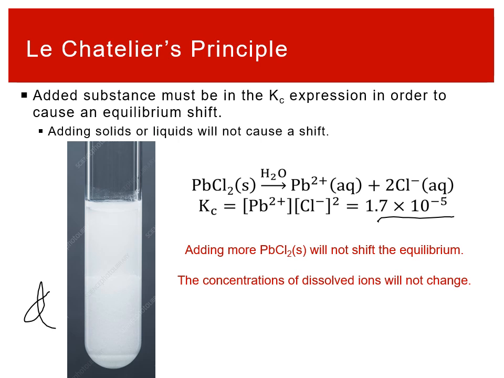If I add more solid reactant, I'm not going to dissolve any more, because Kc hasn't changed. The reaction quotient is still just going to be based off these product values because those are what are actually dissolved. So it doesn't do anything if I just add more solid reactant. It's not going to yield any sort of shift. Nothing's going to cause anything. So this is generally true for adding solids and liquids.